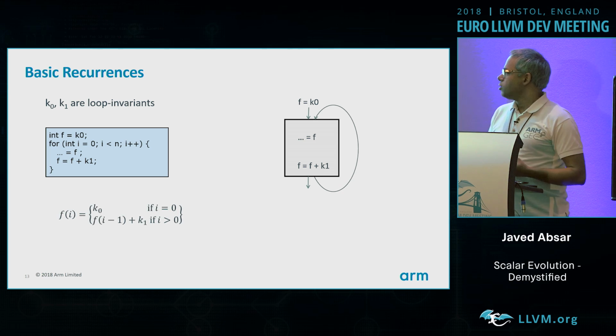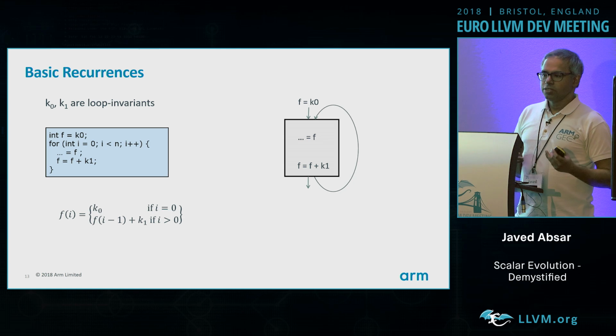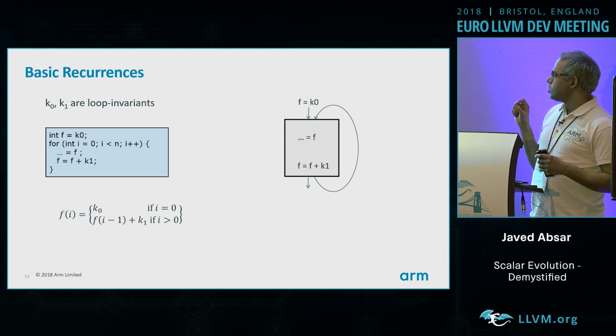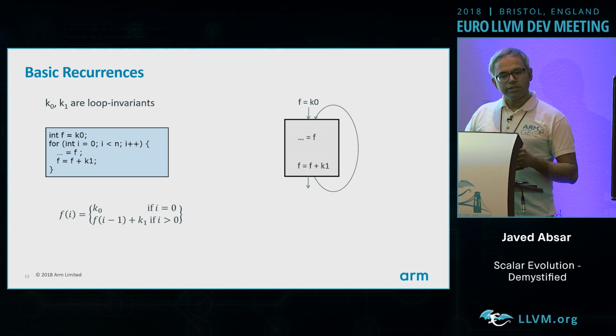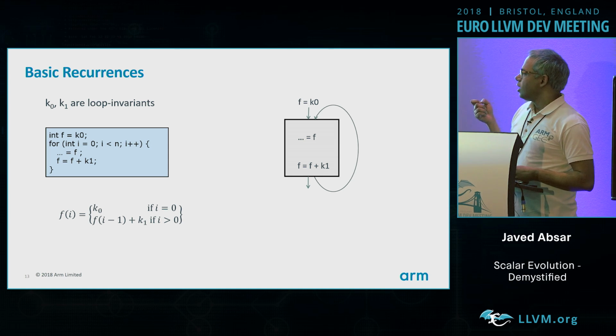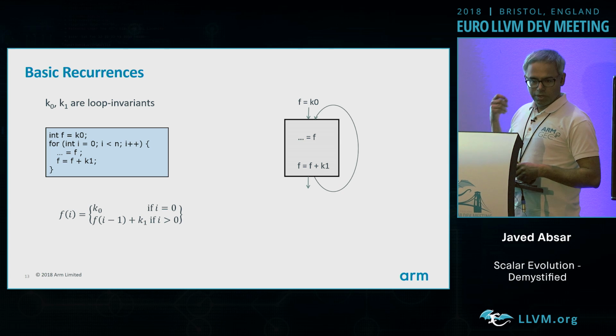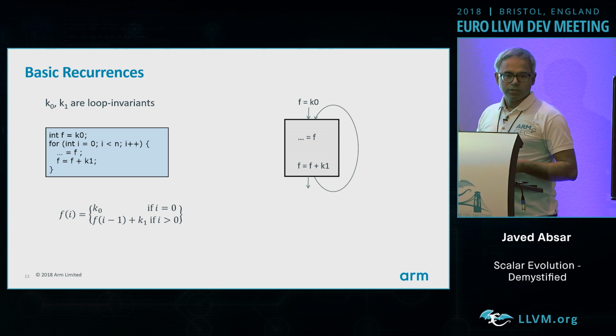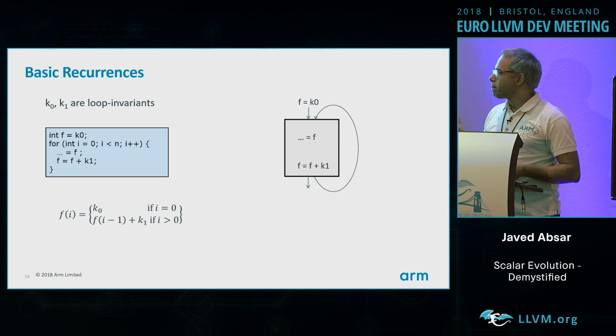Now you can think of f as also a function over i, where i is not really another induction variable, but your trip count into the loop. So the first time you enter it, i equals 0, the value is k0. Every time it goes around the loop, its value increases by k1, so for i greater than 0.